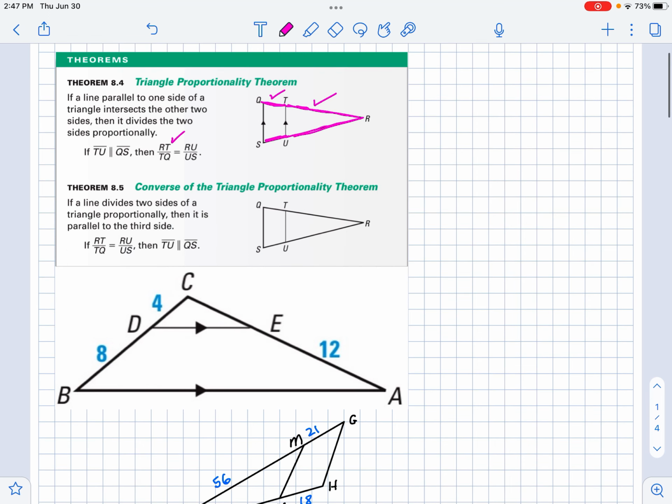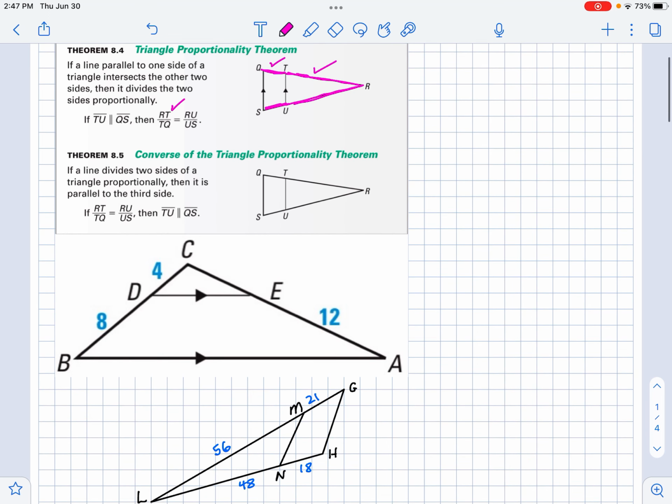So let's look down here and see how we could apply that with this figure. Now notice this is exactly that situation. We have BA parallel to DE. That means, and let me call this side CE, this little segment, X because it's missing.